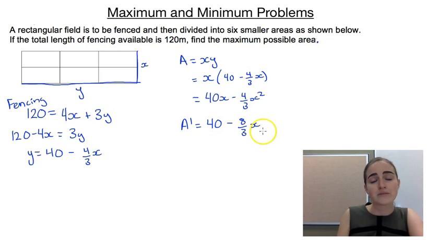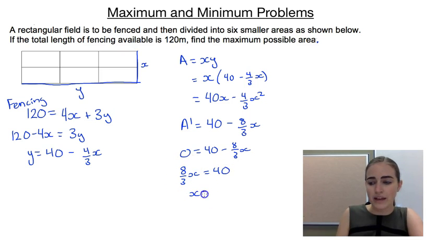Now to find where the maximum point is, we want to find the stationary point, so we're going to set this equal to 0. Now we're going to add that 8 over 3x to both sides, and then divide by 8 over 3. So we'll end up with x equals 15.